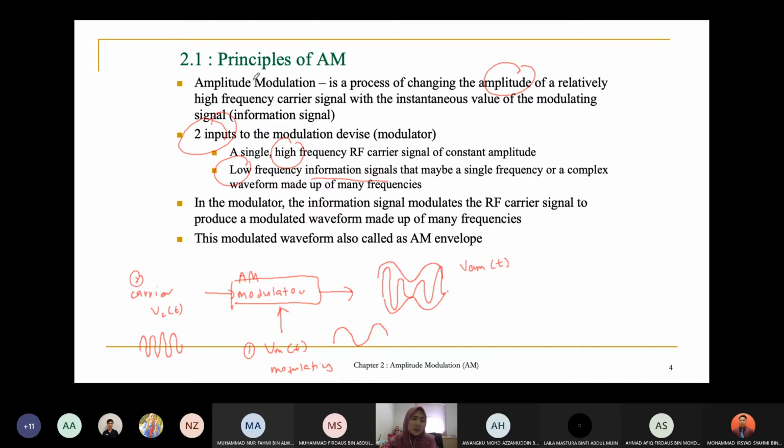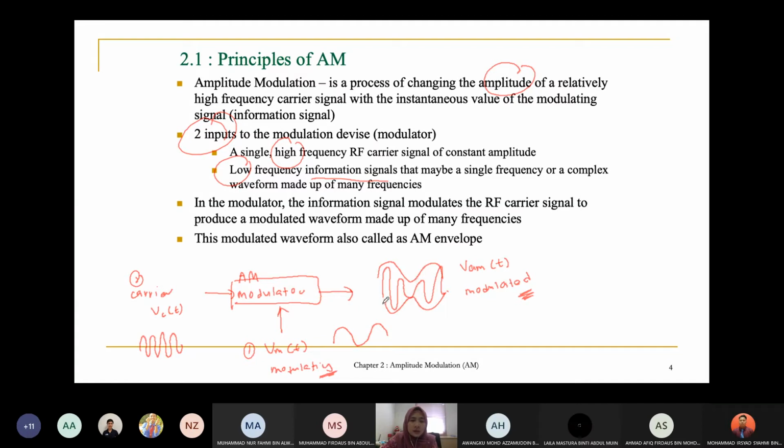Since it is an amplitude modulation, we name it VAM, the amplitude modulated signal. So this is different: this is modulating, this is modulated. Two different signals. Modulated is the output, modulating is the input.